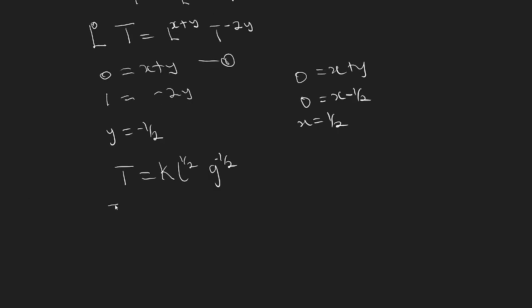This can be written as k root of L divided by, this is inverse, so you can write it as root of g. And if I have root of x on root of y, it is the same as root of x on y.